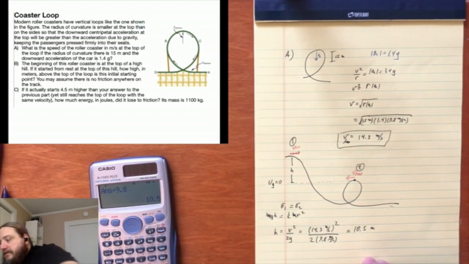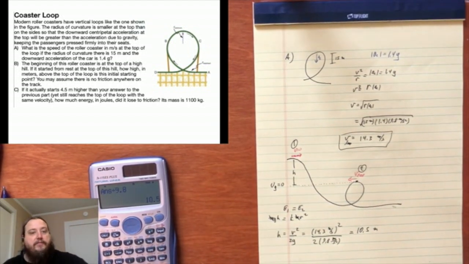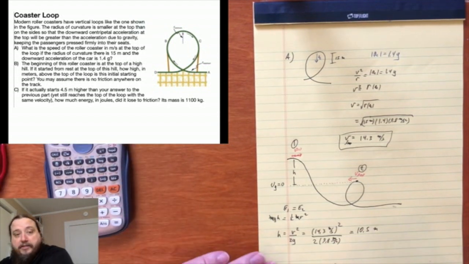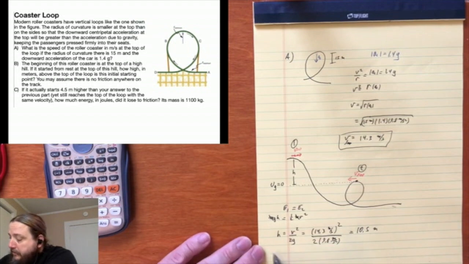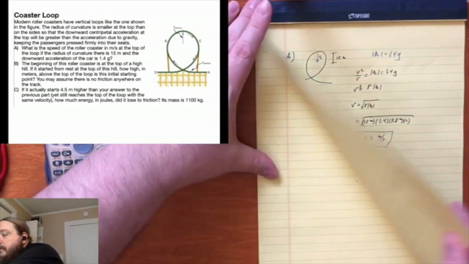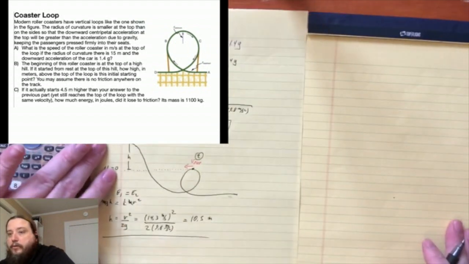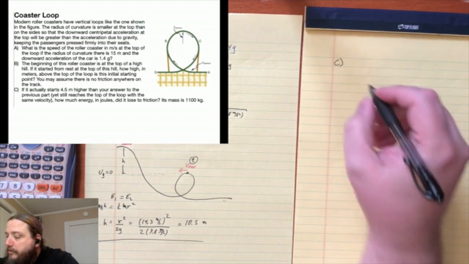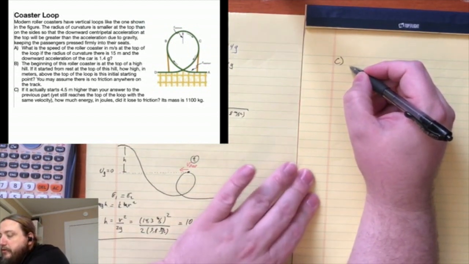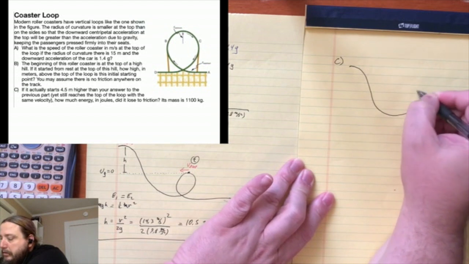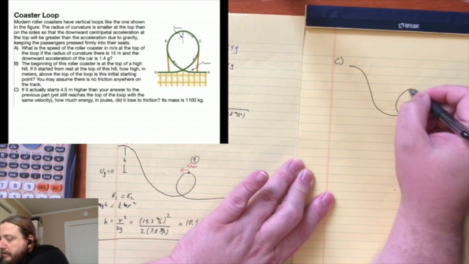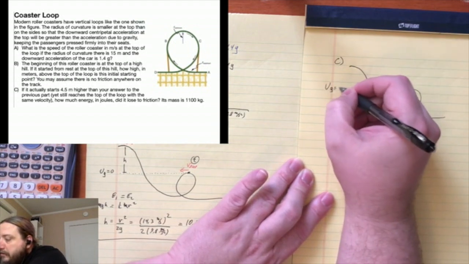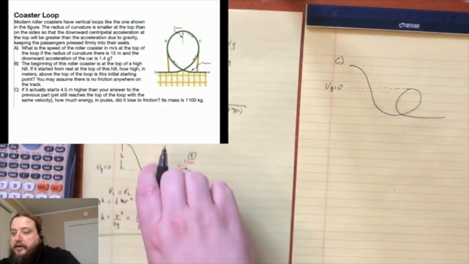In part C, it tells us, well, if the track actually started 4.5 meters higher than our answer, then in part C we're starting, again, with the same drawing. And again, we're still going to choose the 0 point of gravitational potential energy to be the top of the loop.